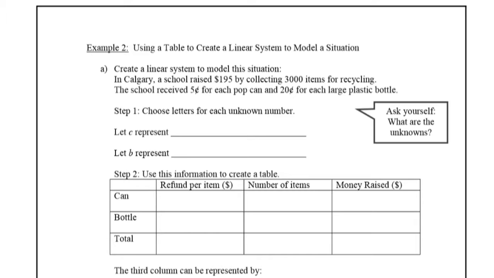We're going to let C represent the number of cans, and we're going to let B represent the number of bottles. Those are the 2 things the students collected, cans and bottles.